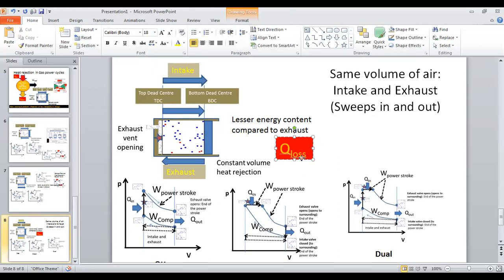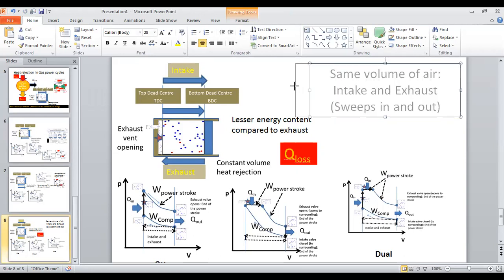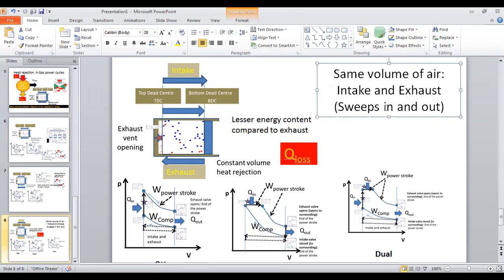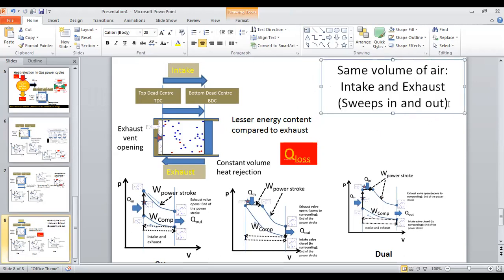I think this explanation is same volume of air, intake and exhaust, sweeps in and out, but at different energy levels.